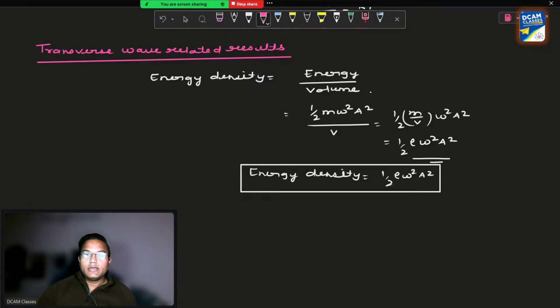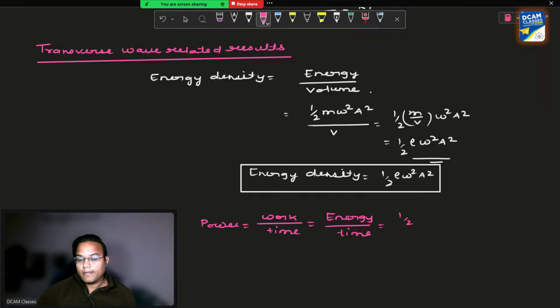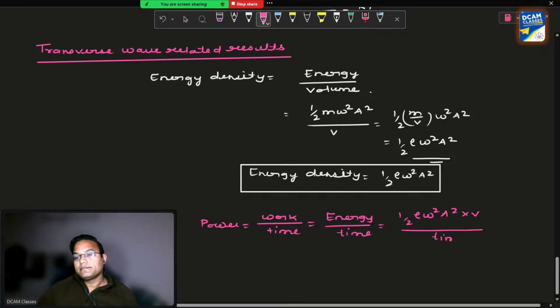Now coming to the next formula, that is power. Power is actually work per unit time, but work is also a form of energy. So we can write energy per unit time. So energy is half rho omega square A square into the volume, divided by time.